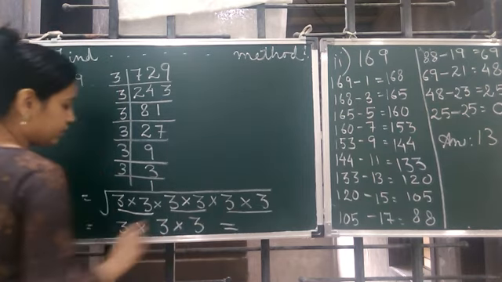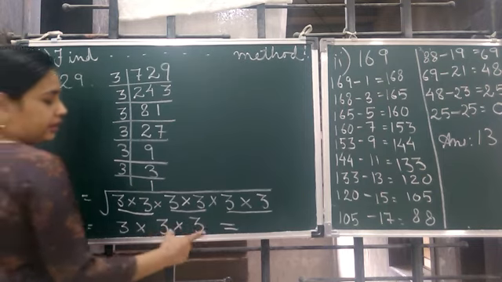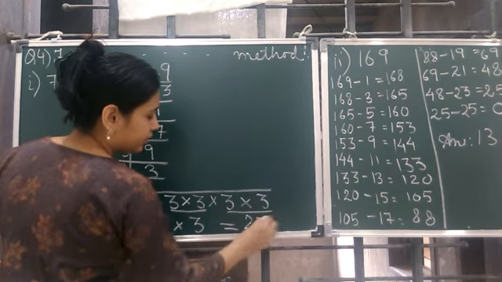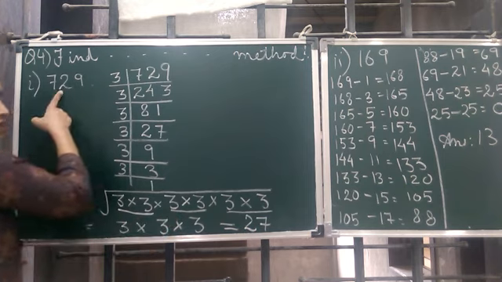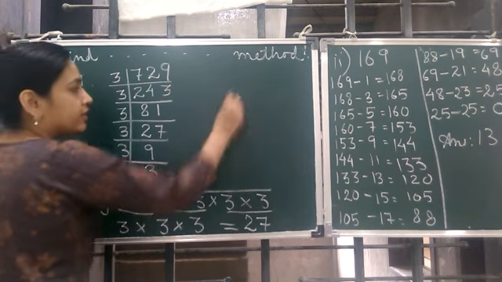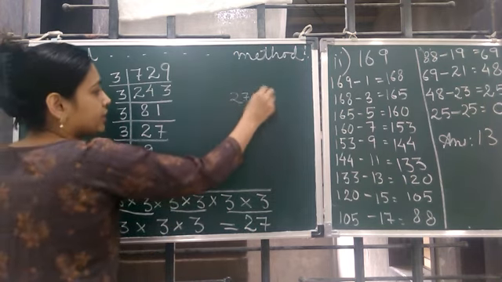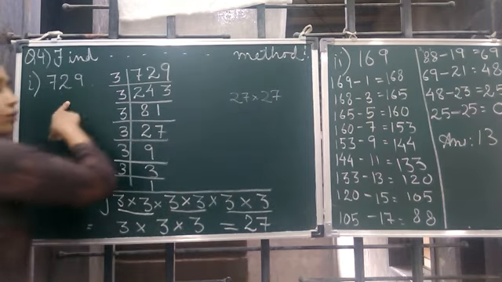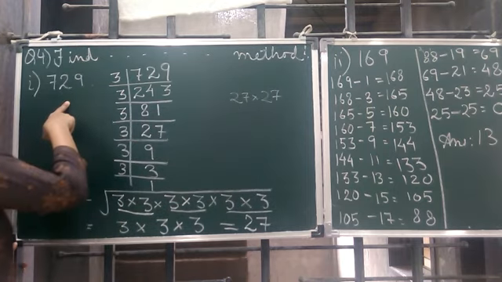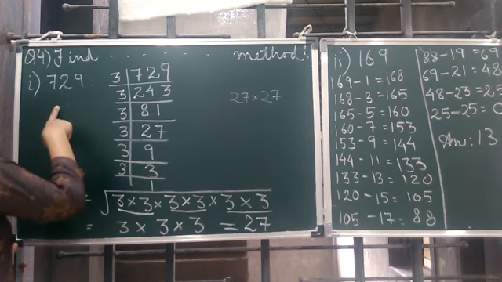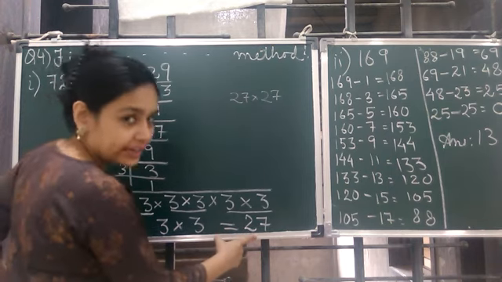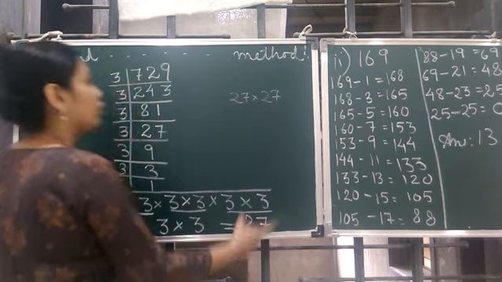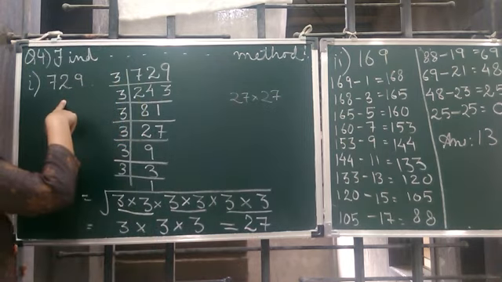So what is the answer? 3 3s are 9, 9 3s are 27. So the square root of 729 is 27. That means if you multiply 27 by 27, you will get 729. So 729 is the square of 27 and 27 is the square root of 729.